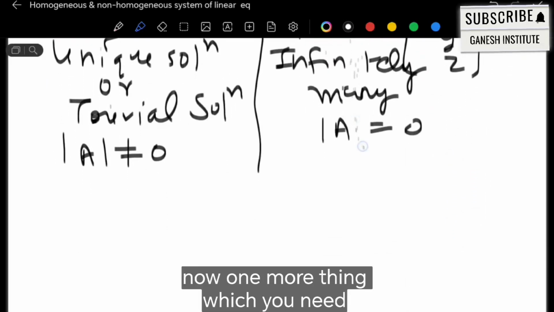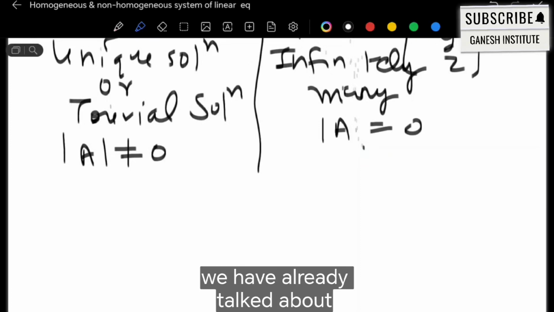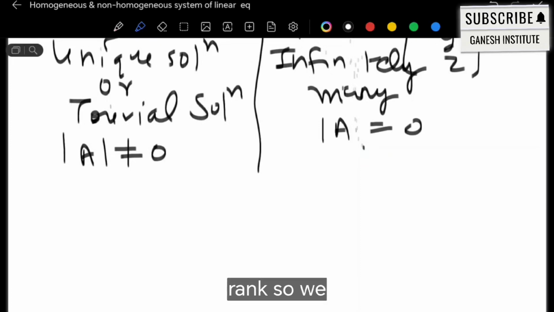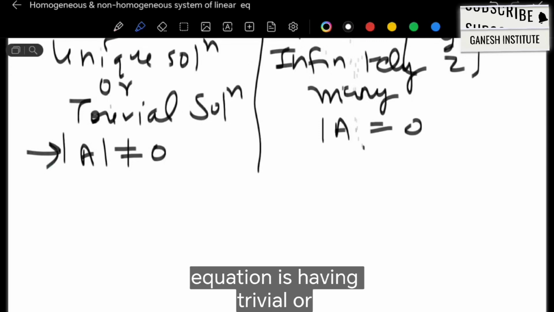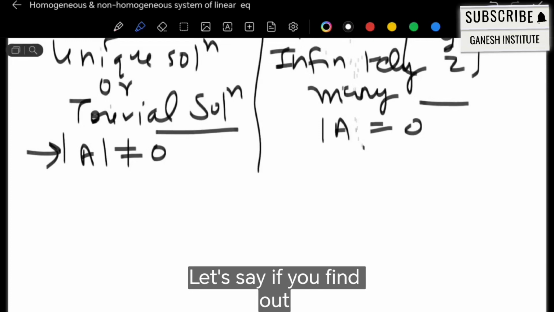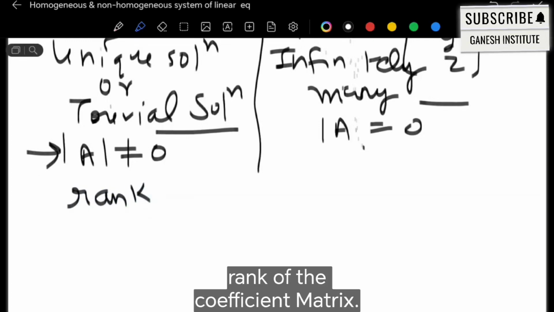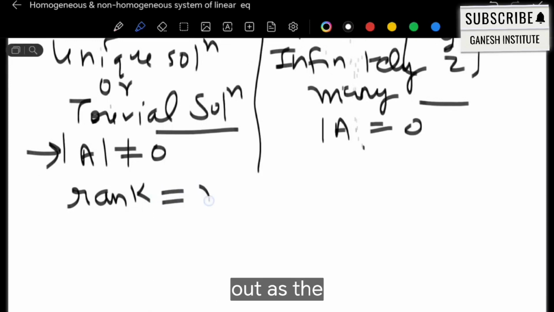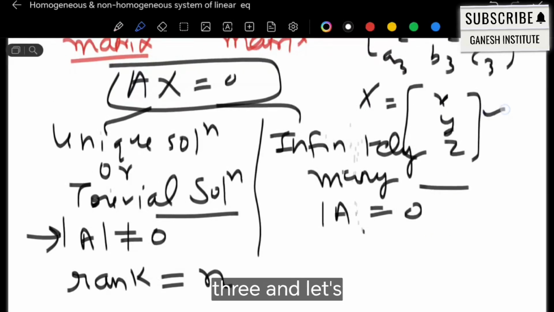Now one more thing you need to know, because we have already talked about rank, so we will see how, apart from this determinant concept, we can say that the equations have trivial or infinitely many solutions. Let's say you find the rank of the coefficient matrix and it comes out as the number of variables. How many variables are here? 3.